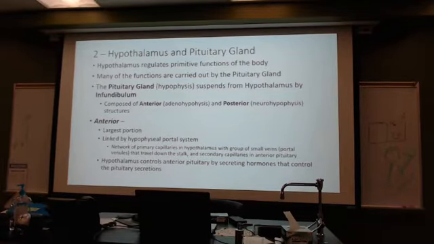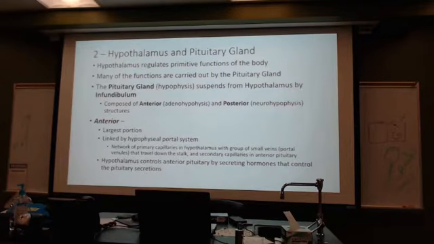Now, what does that mean? Can you repeat that, please? In a portal system, the veins from the primary capillaries carry blood to the secondary capillaries first before returning to the bloodstream.